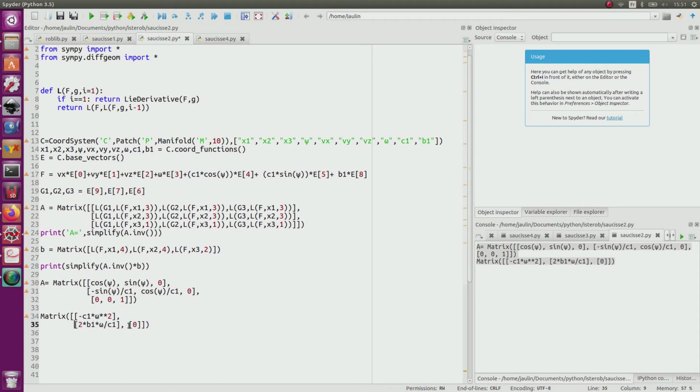I can obtain exactly the same by hand. The computation is not so difficult, but for a more general system, it's much more comfortable to use symbolic calculus.